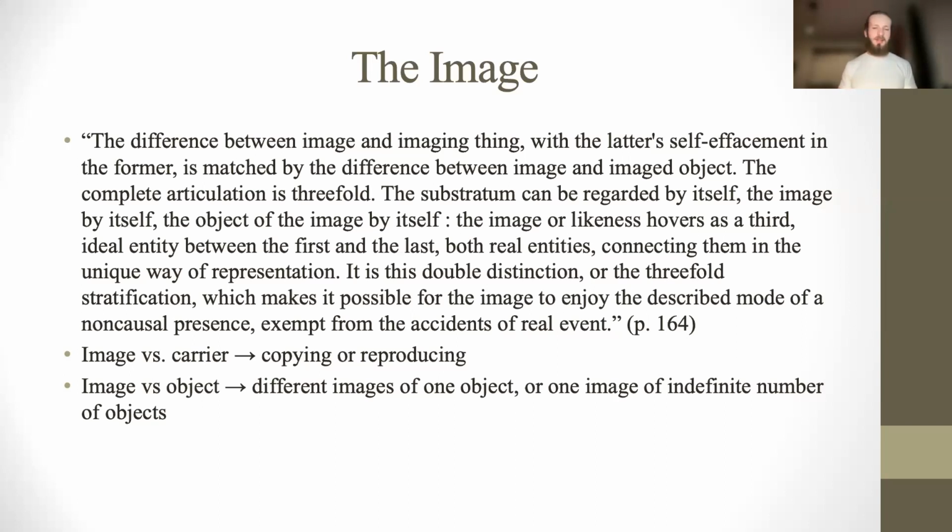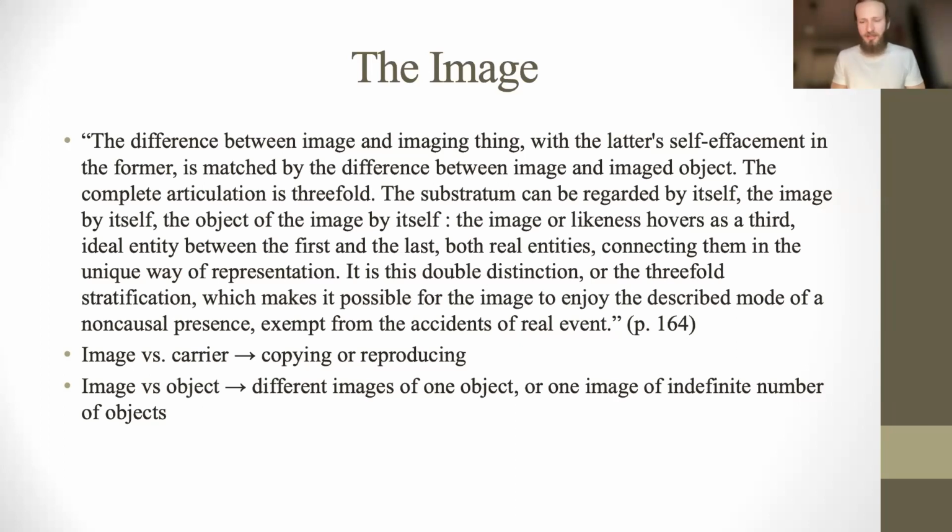Here, Jonas used the example of an illustration in a botanical textbook. The illustration of a pine tree, for example, depicts the pine tree as such. It depicts an indefinite number of pine trees. Now, this particular bit is a bit unclear. Maybe something we'll mention in the discussion.